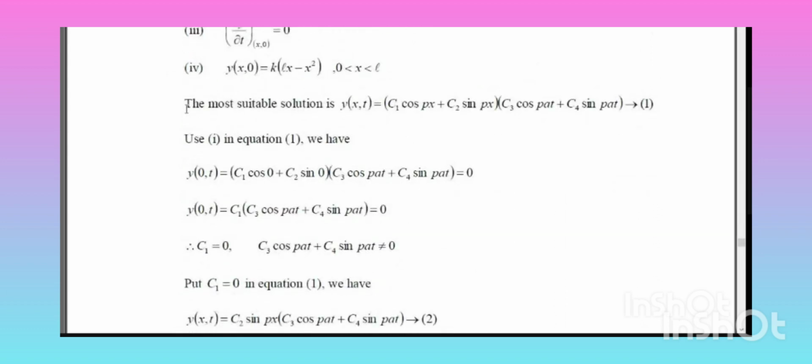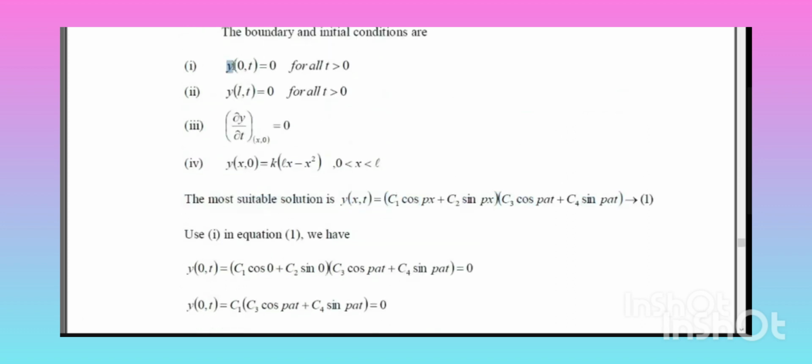The most suitable solution is y(x, t) = (c1 cos px + c2 sin px)(c3 cos pat + c4 sin pat). Take this as equation number 1. Now use condition number 1 in equation number 1.